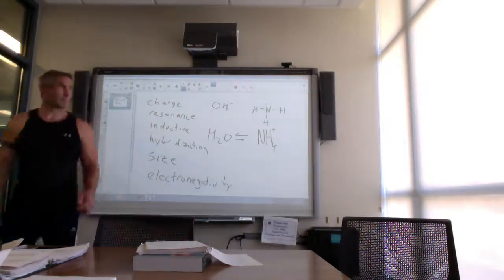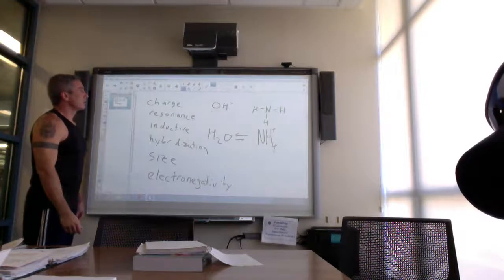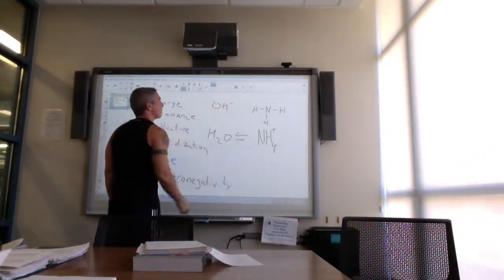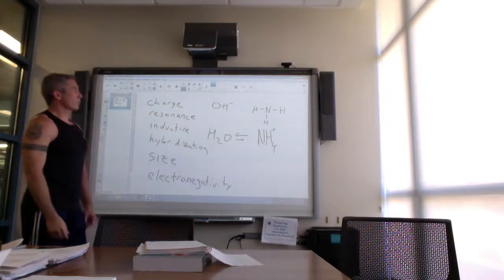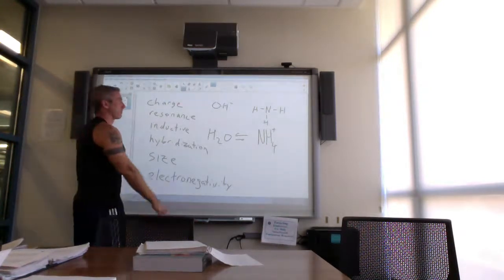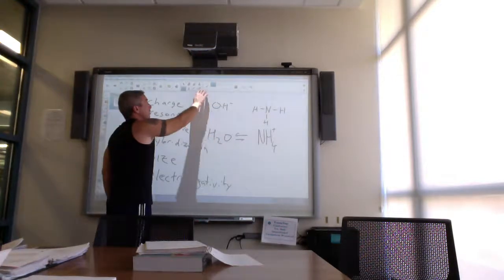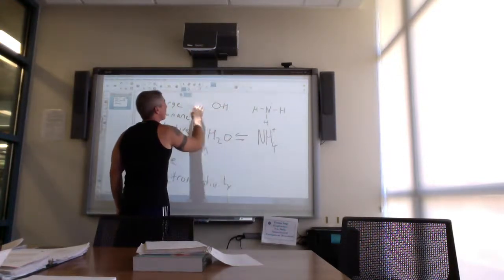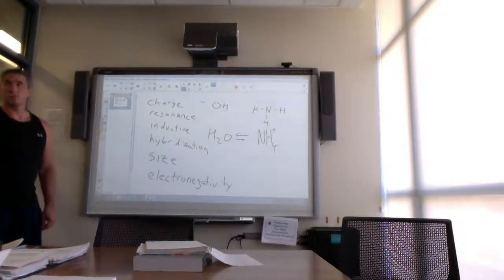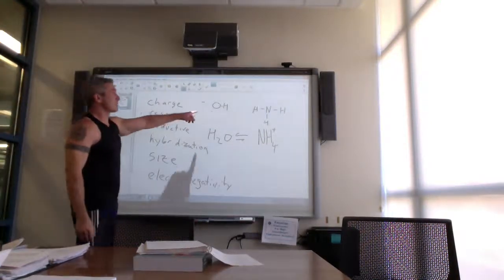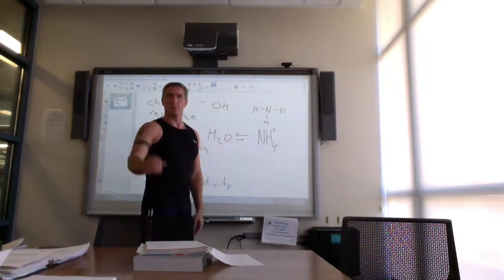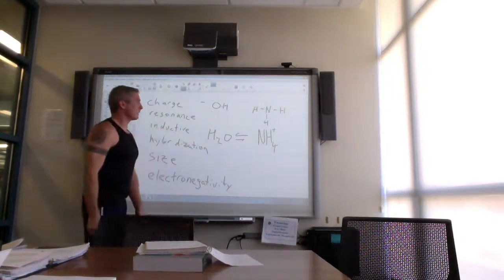Right off the get-go, where's the formal charge on the first one? It ain't on the hydrogen, is it? The conjugate base has a formal charge. What's the charge on this one? Zip, nada. Which is the more stable base?